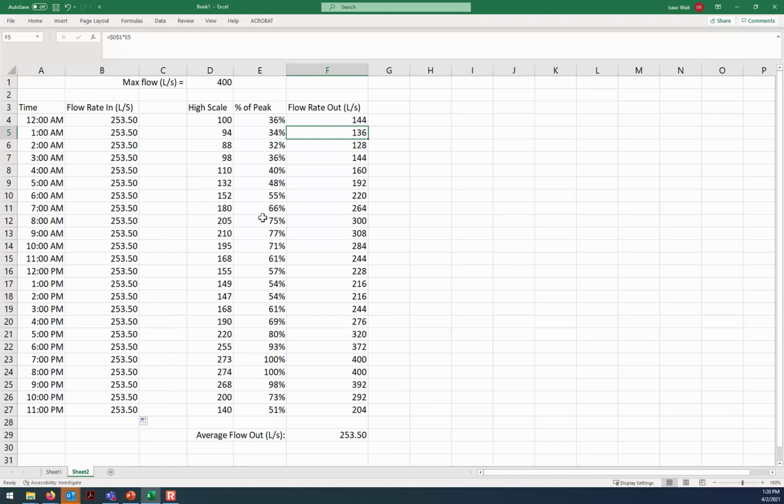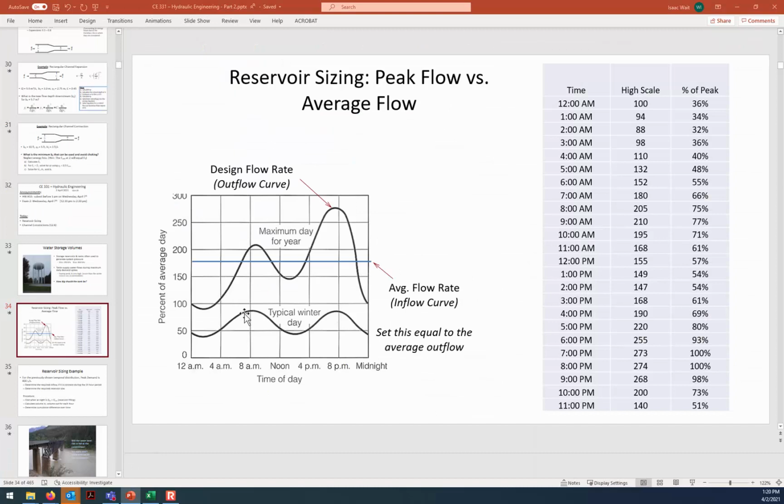But think about what's happening at 8 a.m. No, even at 7 a.m., there's more flow out than there is in. So at 7 o'clock it's going through this transition where the tank is going to begin emptying because there's more flow out than in. So anytime this curve is above the line, that means the tank is draining. And anytime this curve is below the line, that means the tank is filling.